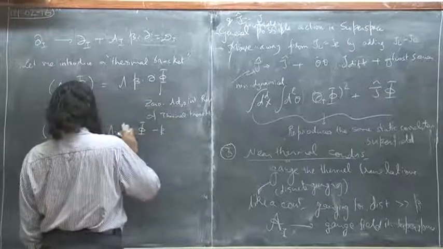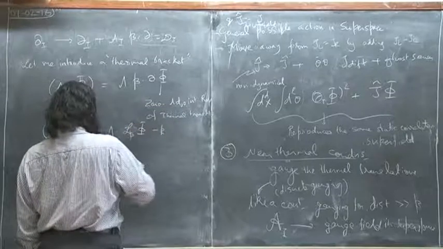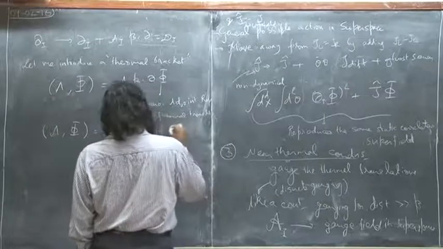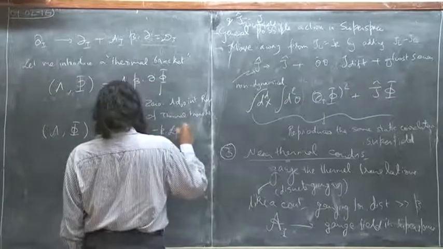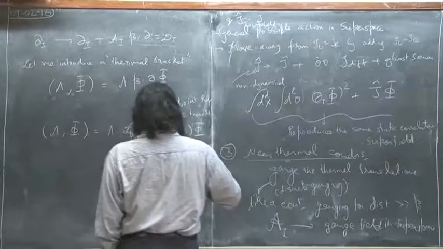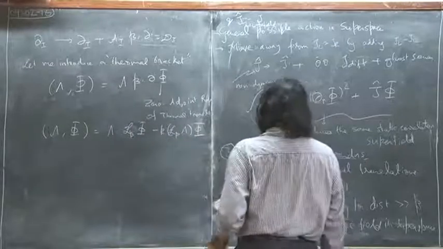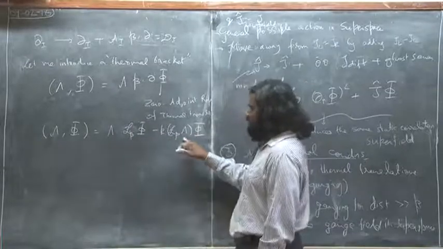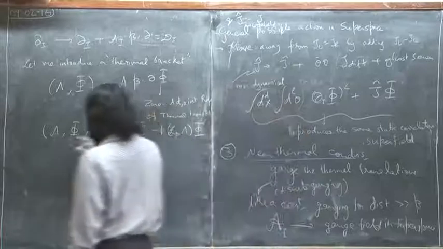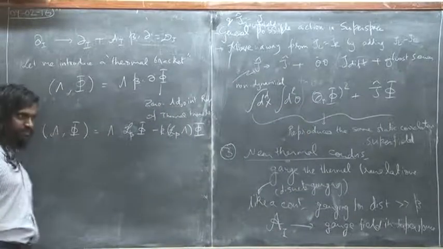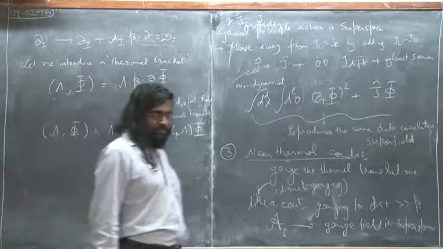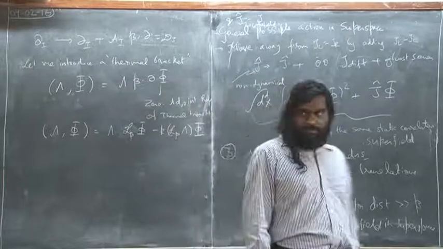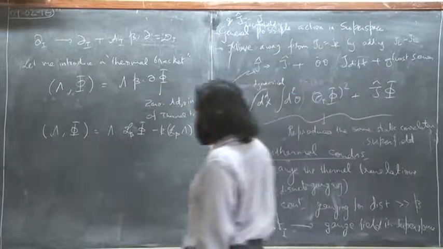In general, you can introduce a kind of inhomogeneous transformation which involves a derivative of lambda. Lambda is just a parameter.